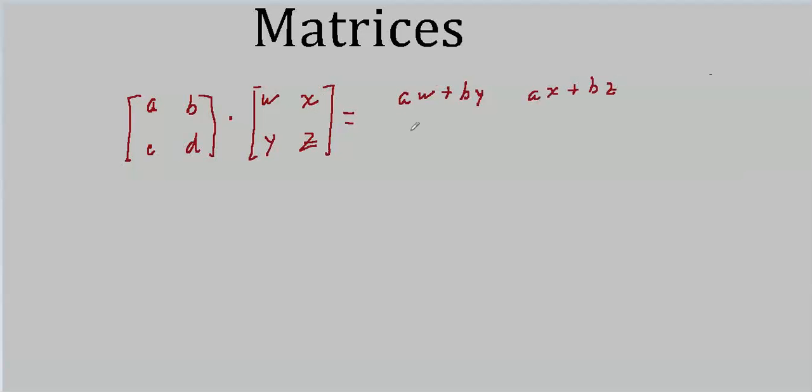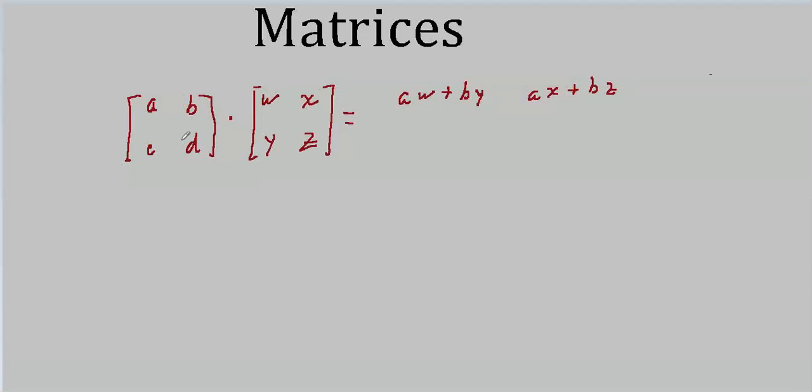Now, our next row for our new matrix is this row times this column, and then the next entry will be this row times this column. In other words, for the first matrix, you just go down the line one row at a time and multiply that row by each column, and that gives you your new row in your resultant matrix.